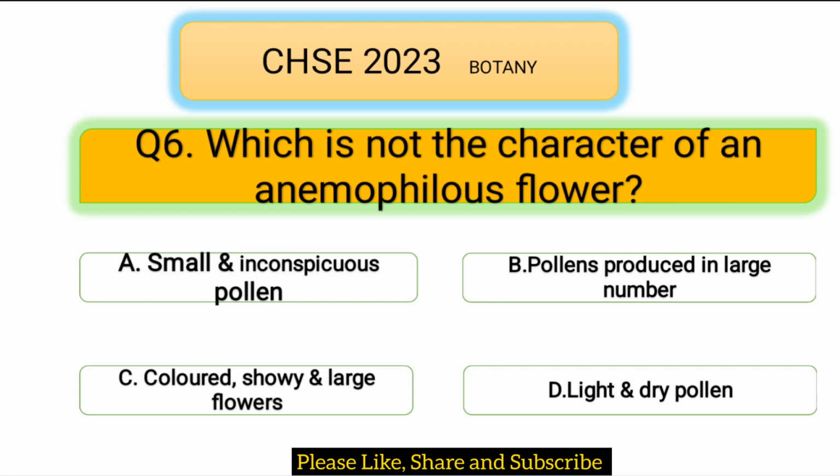That means the flowers where pollination takes place with the help of wind. So out of these four characters, three are correct, and option C, the presence of colored, showy and large flowers, is the wrong character of an anemophilous flower.